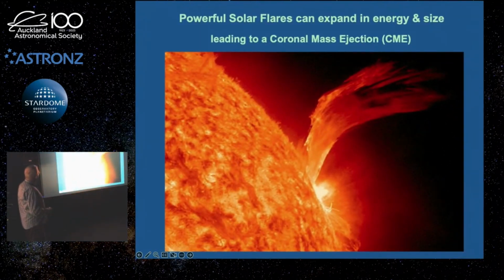Okay, now what can happen then is a solar flare itself doesn't cause a lot of harm to Earth. That intense electromagnetic radiation, X-rays, can go to the Earth and cause some very temporary radio blackouts on radio wavelengths, but usually no major disruption.